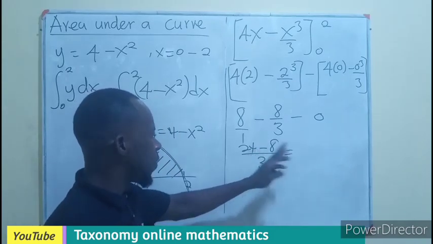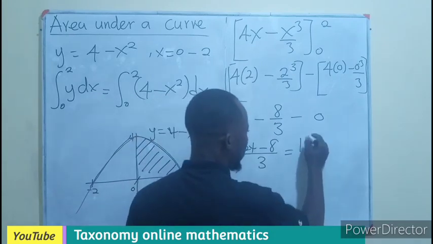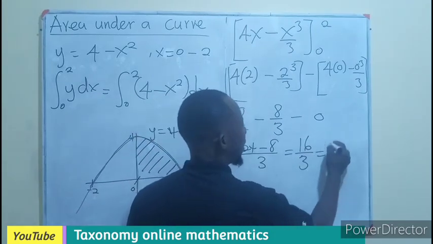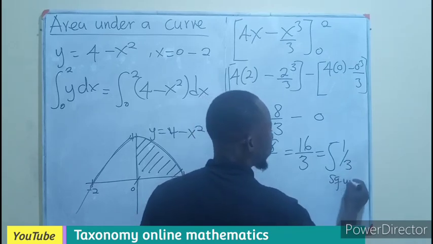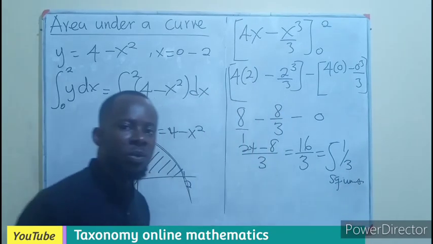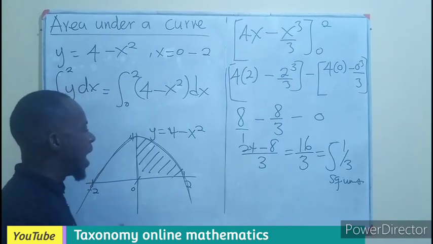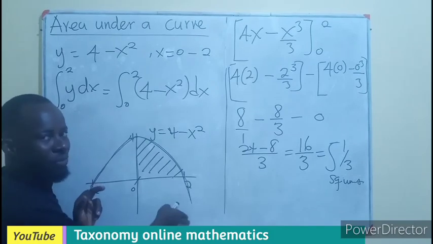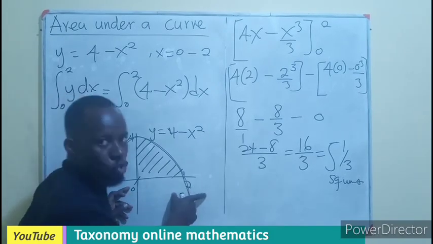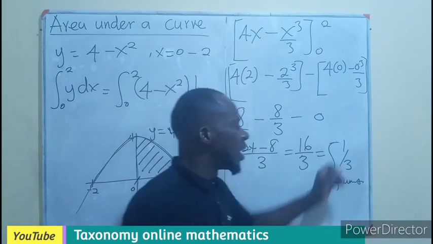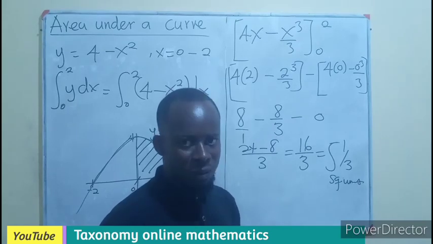I believe we take away 4 from here, we are left with 20, another 4, so 16 over 3, that will be 5 whole number, 1 over 3 square what? Unit. So in this case, the area enclosed by the graph and the x-axis and the coordinate 0 to 2 is just going to be 5 point something square unit.